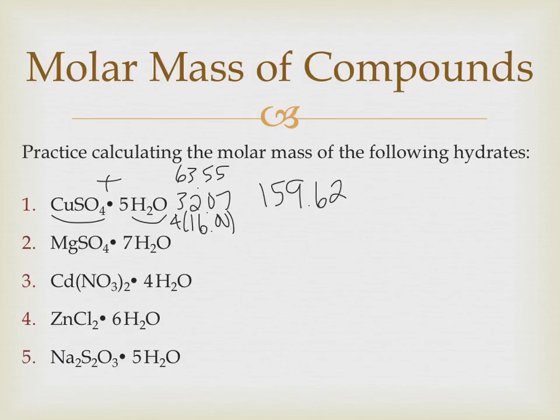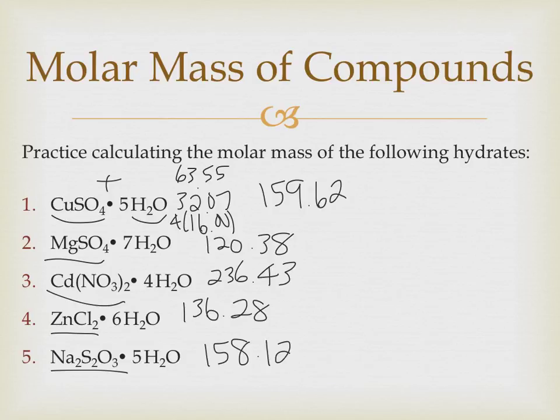I'm going to stop there. I'm going to save the water for later. First, I'm going to calculate all of these ionic compound molar masses first so that we can take care of that. So I'm going to go ahead and pause this video, calculate those molar masses, and then we'll move on from there.